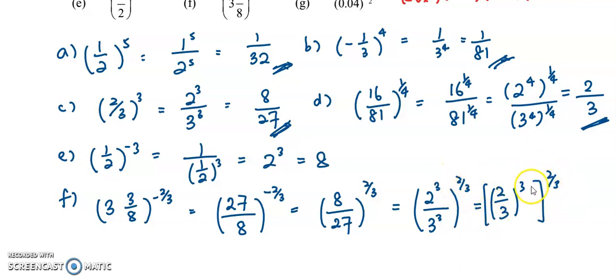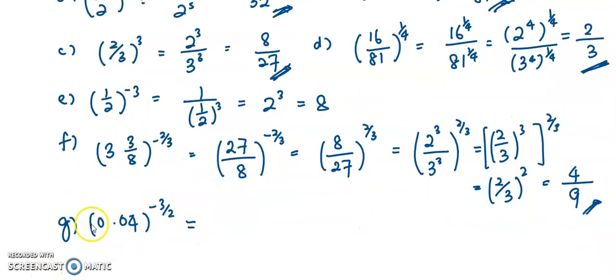So very clearly you can see that the 3 and 2 over 3 can be cancelled off, and finally you will have 2 over 3 power of 2, where the numerator power of 2 you get 4, and the denominator power of 2 you have 9. So the final answer will be 4 over 9.